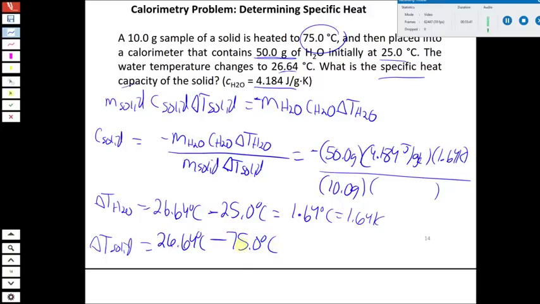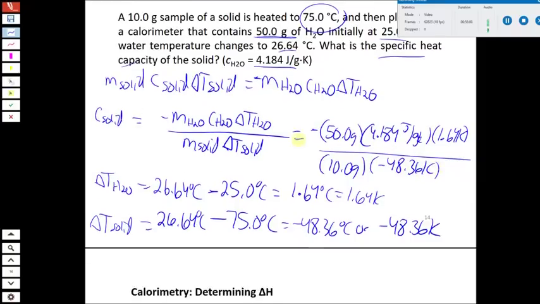So this is going to be final minus initial for the solid, which is minus 48.36 Kelvin, so we can keep everything consistent. So we're going to put that into here, minus 48.36 for the delta T for the solid.